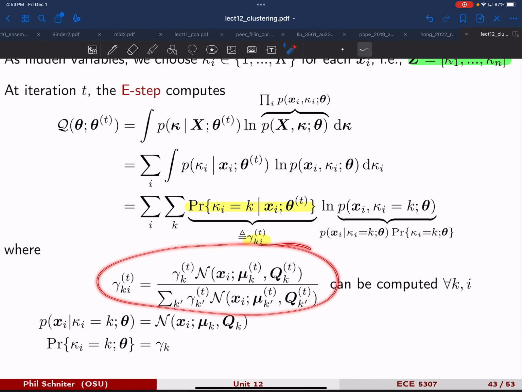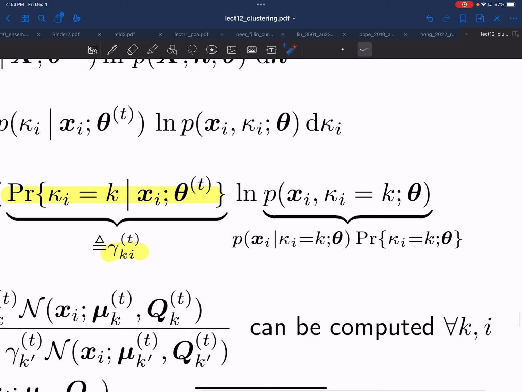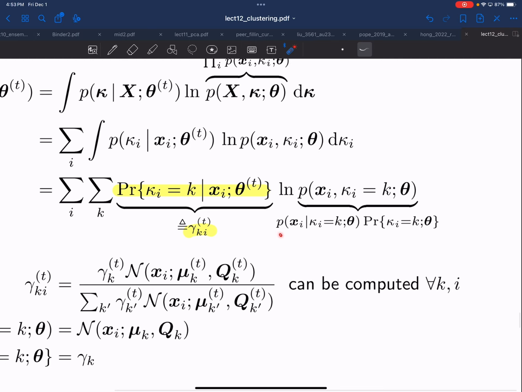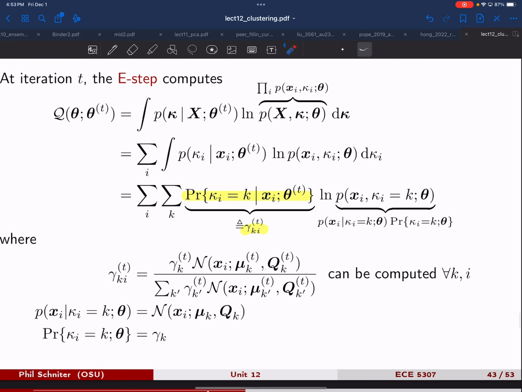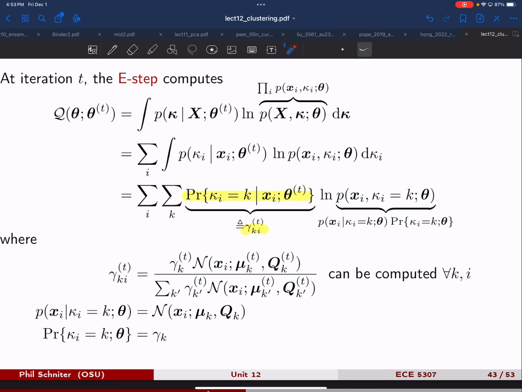So that's it. Now over here we have this joint distribution x comma kappa, and we can split this into x given kappa and probability kappa. If you remember, x given kappa, that's easy. That's just a Gaussian. And the probability of kappa equals k, that's easy. That's just gamma k. Okay, so the Q function turns into all these things we know.